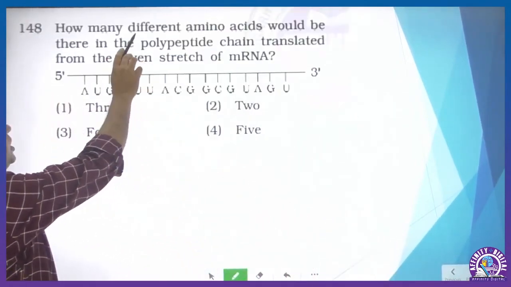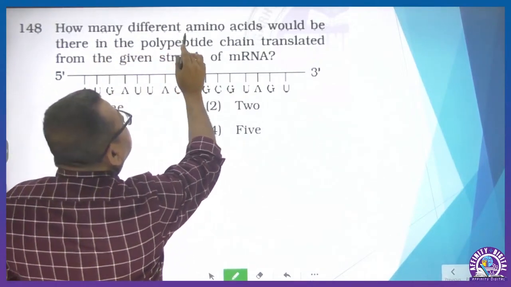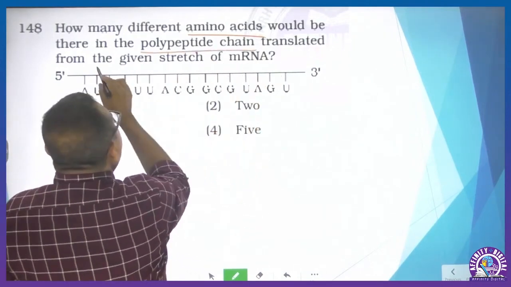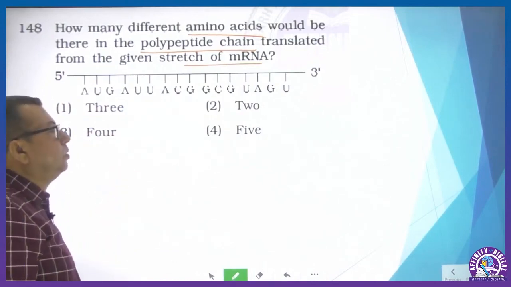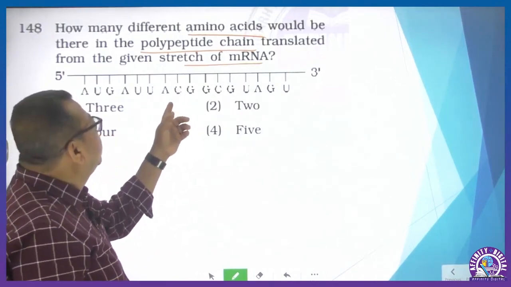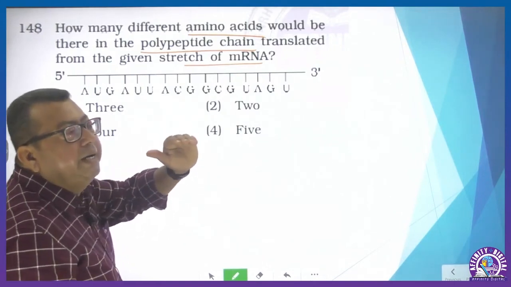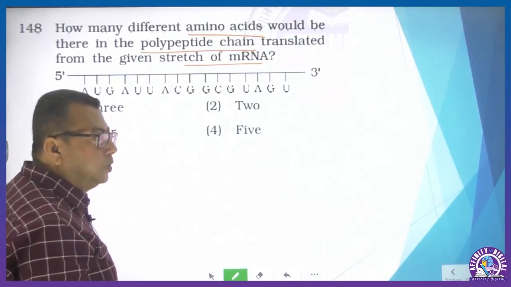This is a question on molecular basis of inheritance. How many different amino acids would be there in the polypeptide chain translated from a given strand of mRNA? As you know, the genetic code carried by mRNA is read by tRNA molecules in the form of base triplets called codons.